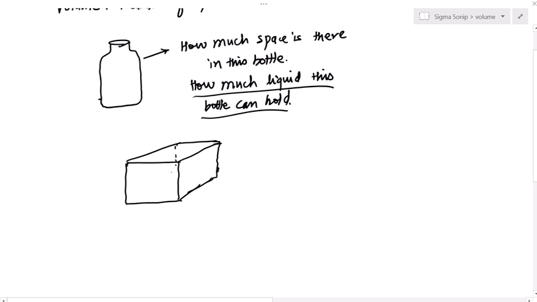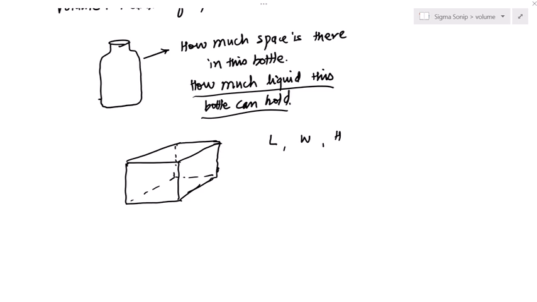This is a box kind of thing, and it has three measurements. It has three dimensions that we need to describe it completely, and we call them length, width, and height. Now it doesn't matter which one you call length and which one you call width. It is totally immaterial.